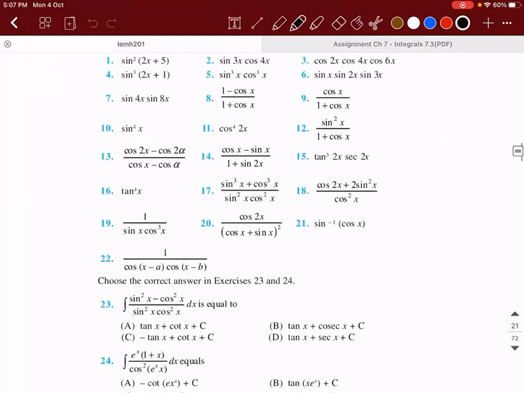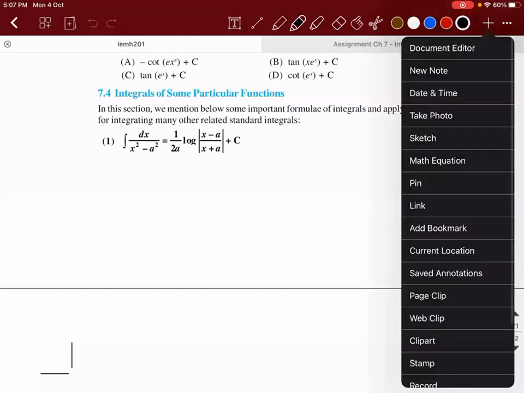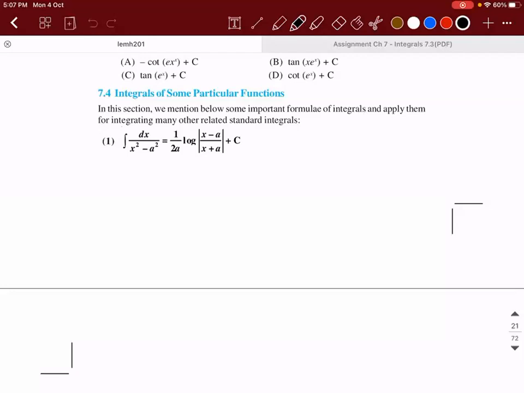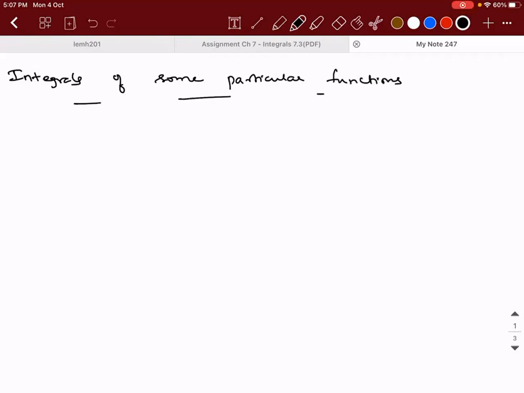So the next exercise that we need to discuss is integrals of some particular functions. Okay. So this is a slightly trickier part. I want you all to concentrate. See, write down the heading as integrals of some particular functions.